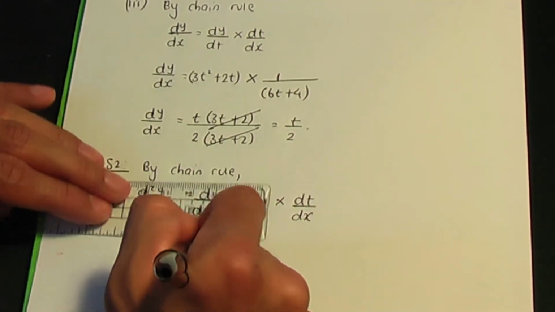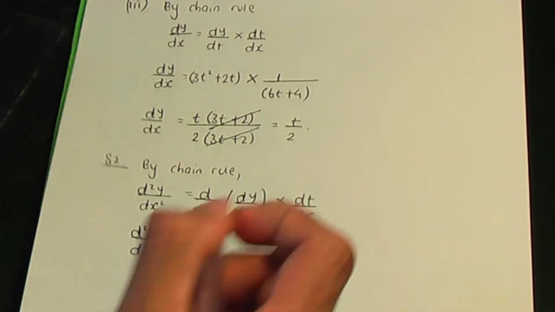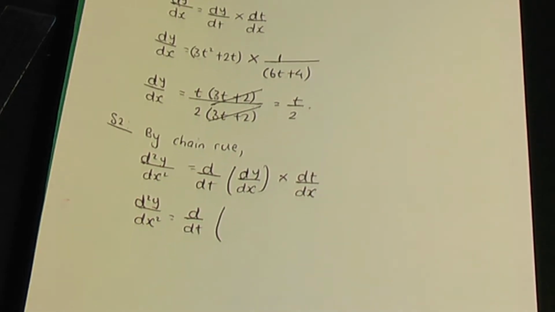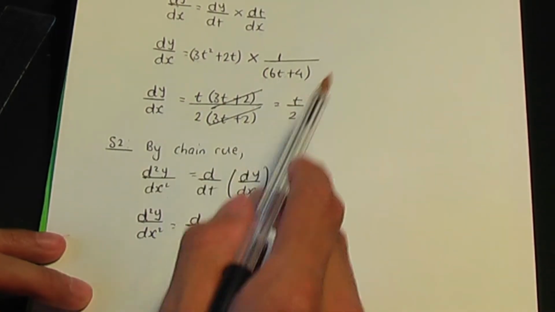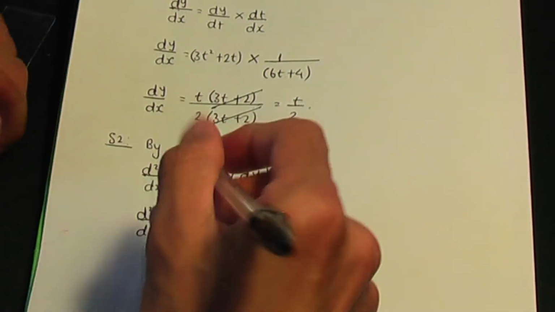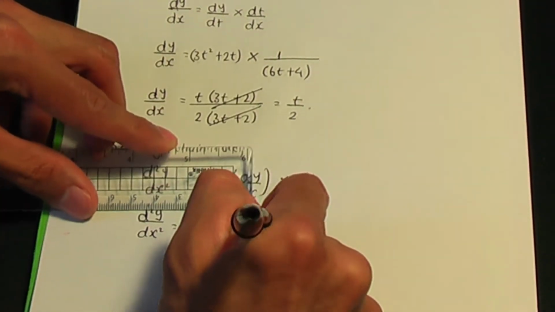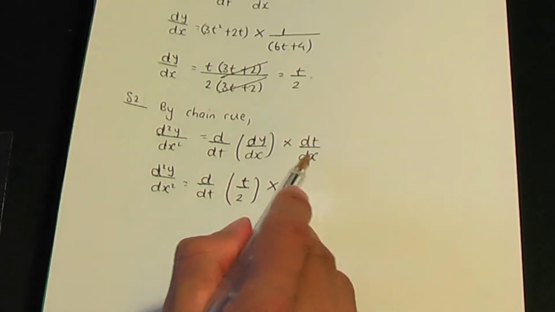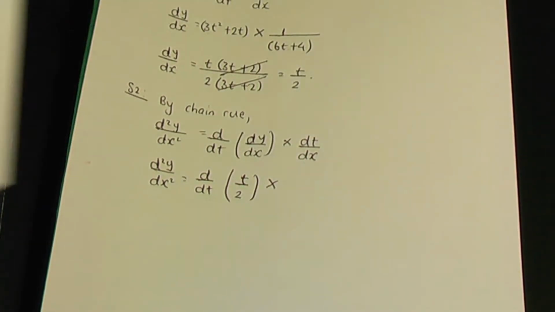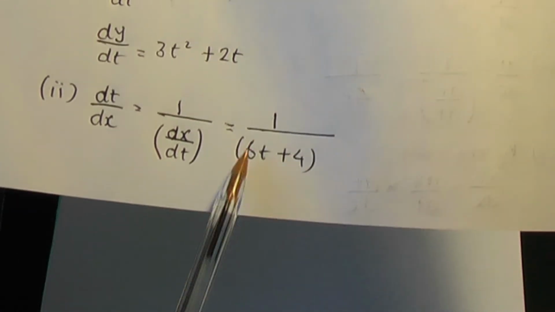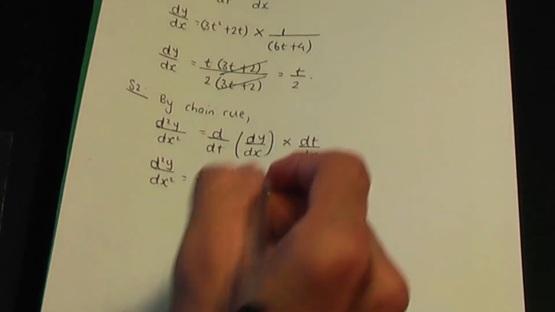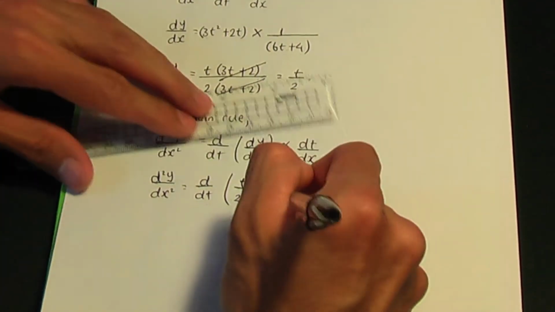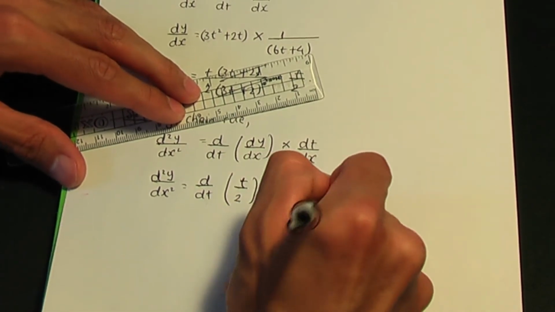Let's use the data that we have from the previous steps. It's d by dt of dy by dx, our simplified result is t over 2, multiplied by dt over dx, and if you remember, we had 1 over 6t plus 4.